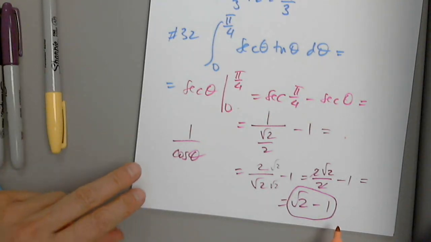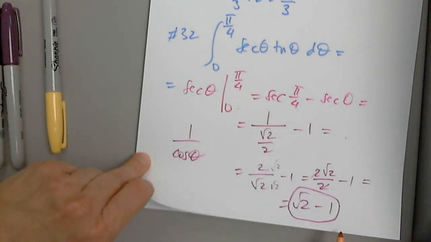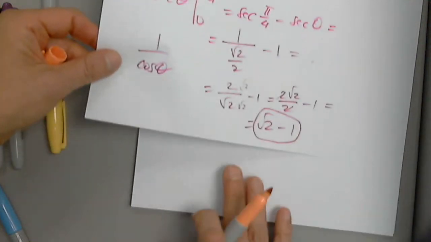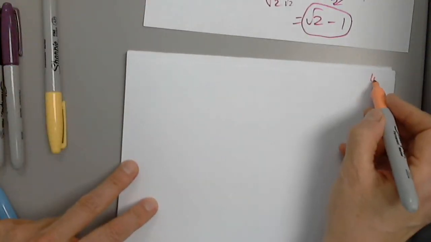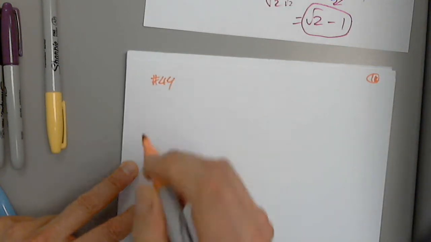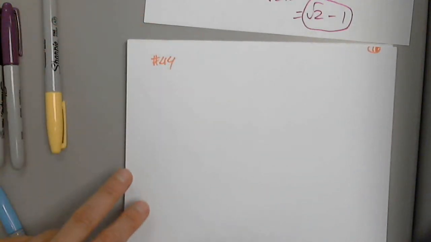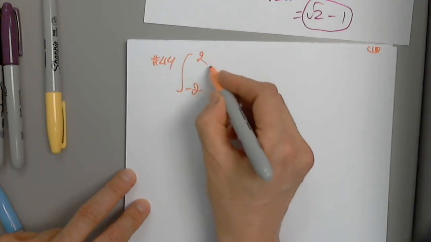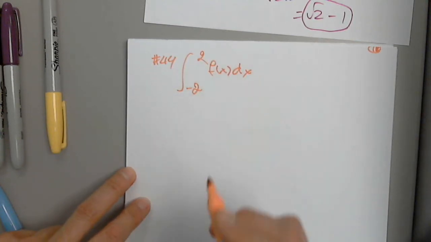Any questions? Anyone, any questions? Okay. So 44. So this is 11. In 44, we have the integral from negative 2 to 2 of f of x dx.